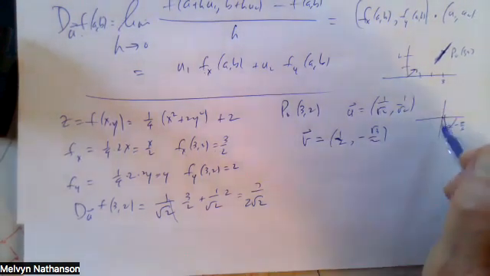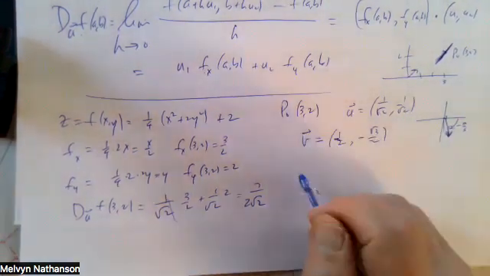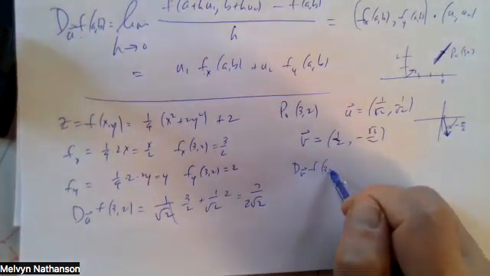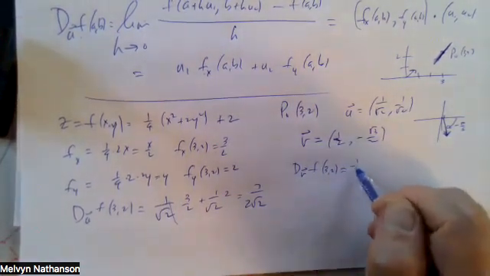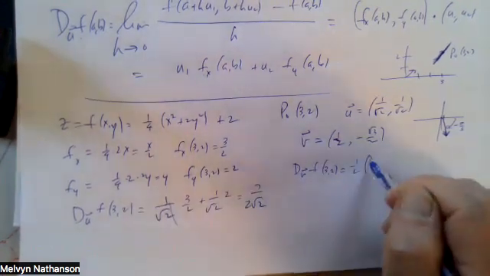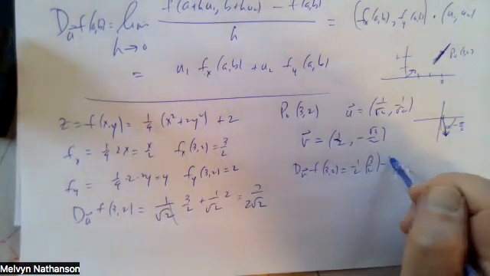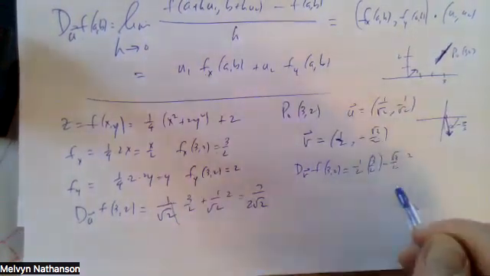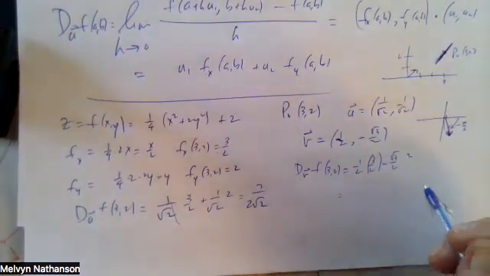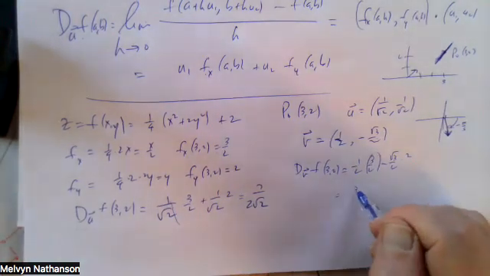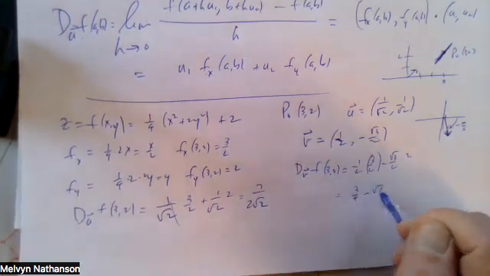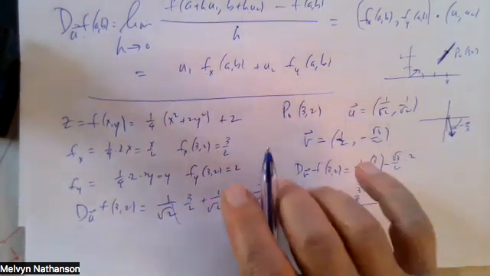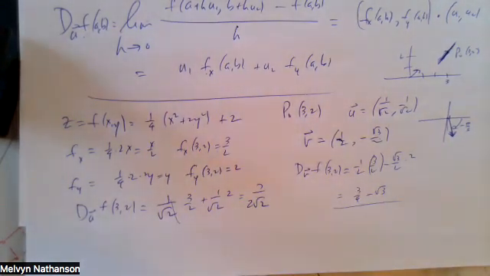In the direction of v, for the function f at the point (3, 2), it's 1/2 times 3/2 minus root 3 over 2 times 2. So that's equal to 3/4 minus root 3 for the directional derivative.